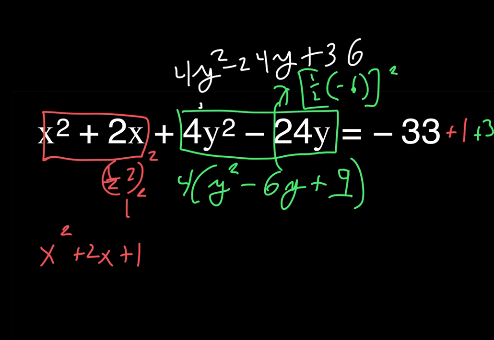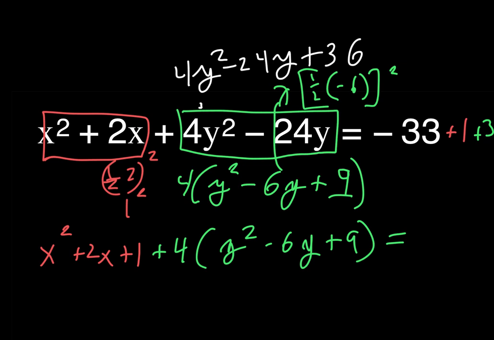So then I have plus 4 parenthesis y squared minus 6y plus 9 equals, let's see, 33 and 36 is 69, 70.